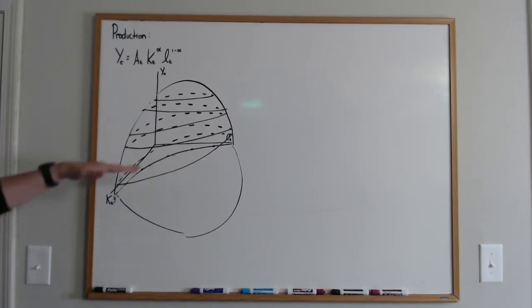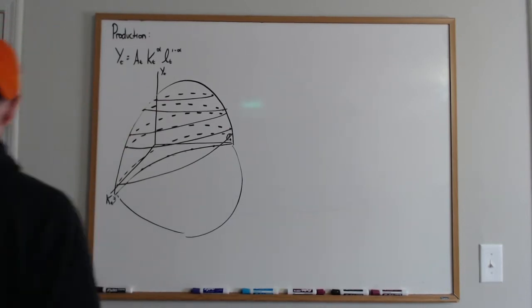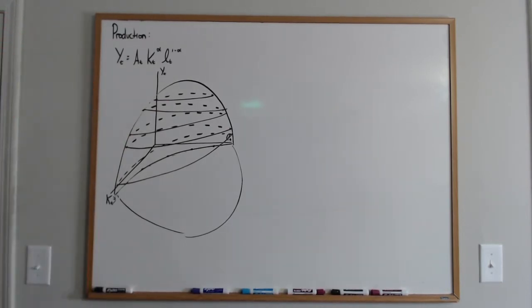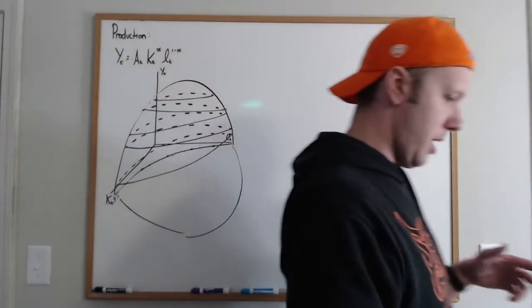But those different levels would indicate different levels of production. And that's what it looks like in 3D space. Well, we don't really want to do that. I'm concerned about output and labor, and I'm not so concerned about capital right now.